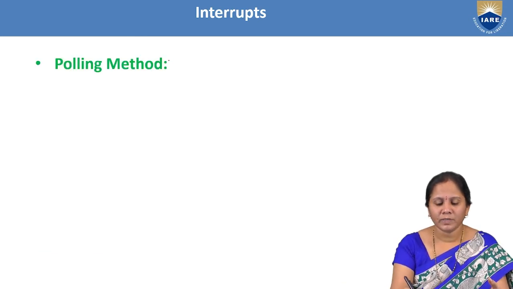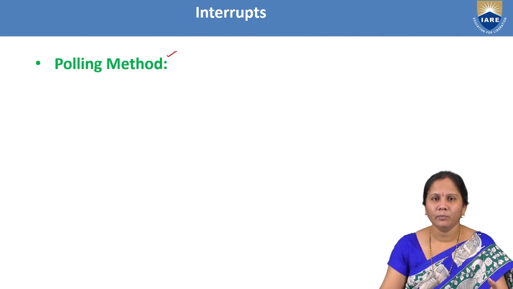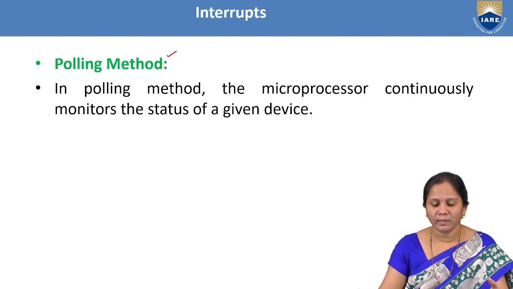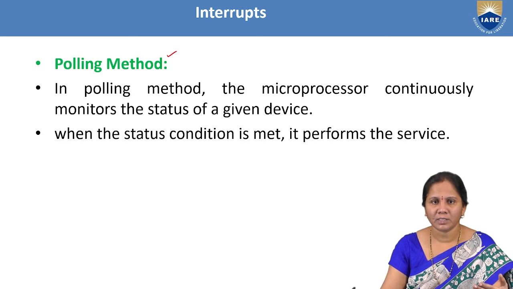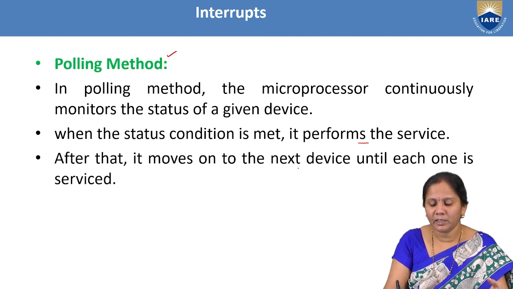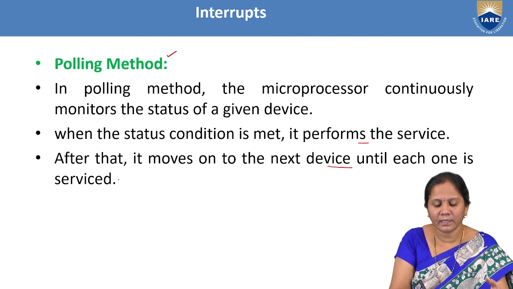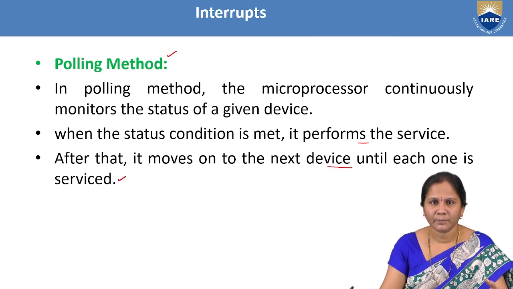First, let us discuss the polling method. In the polling method, the microprocessor continuously monitors the status of the given device. When the status condition is met, only then does it perform the service. After that, it moves on to the next device until each one is serviced.